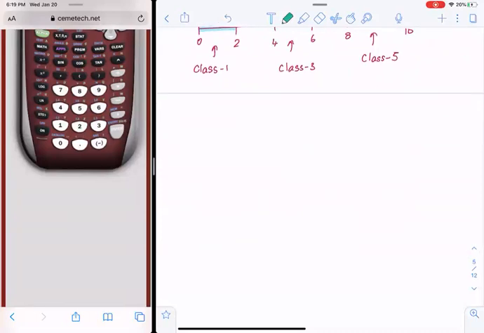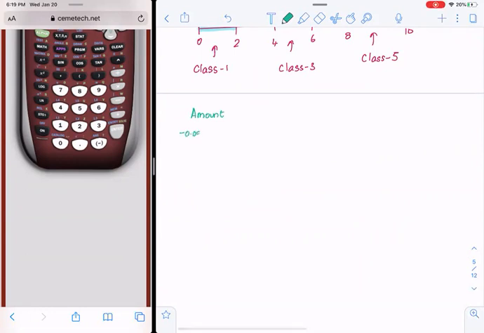So now that I've identified the 5 classes, what I'm going to do is just add a little bit and subtract a little bit on either side to form class boundaries. So we have the amount, and I'm going to subtract 0.05 from 0.